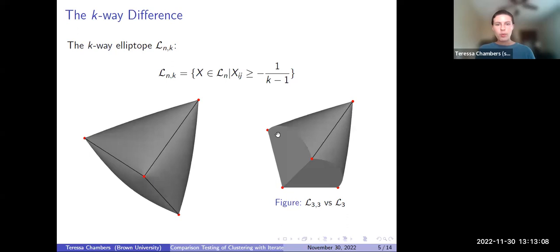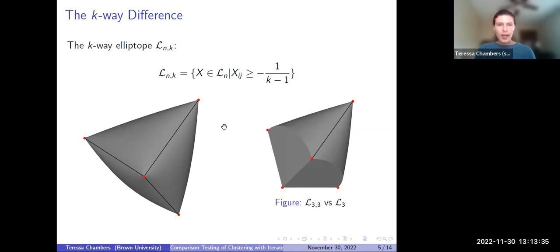So we add an additional constraint to the elliptope where we're not just looking at the space of positive semi-definite, symmetric matrices with ones along the diagonal. We're also adding this constraint that every entry has to be greater than or equal to -1 over k minus 1.